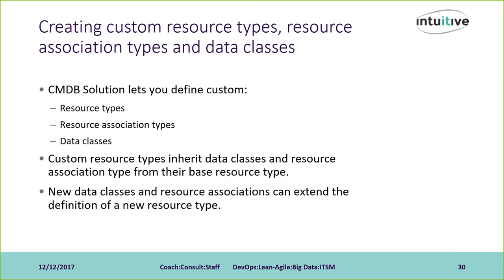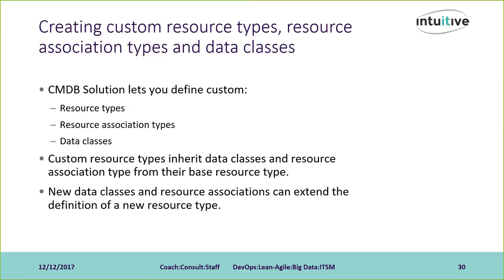In many environments, the predefined resource types are sufficient, but you may have information about resource types that can't be stored in the existing data classes. So in this case, you can create new data classes to store the resource's custom attributes. And that's actually the use case we're going to leverage for the demo at the end of the presentation.